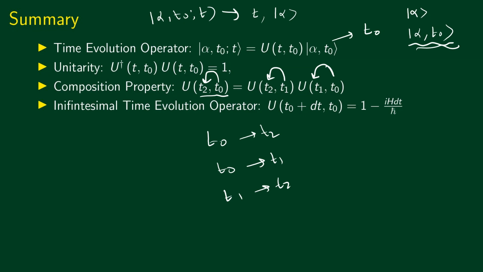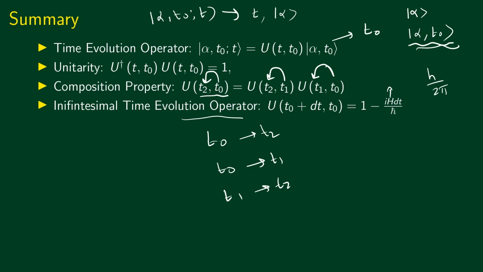Then we introduced the infinitesimal time evolution operator, which was given by U(t0 + dt, t0). This operator takes the state from time t0 to an infinitesimally later time t0 + dt. We looked at the form of this infinitesimal time evolution operator, and finally we said that we can write this as the identity operator 1 minus iH dt divided by ħ. ħ is the usual Planck's constant divided by 2π, and H has to be the Hamiltonian operator.